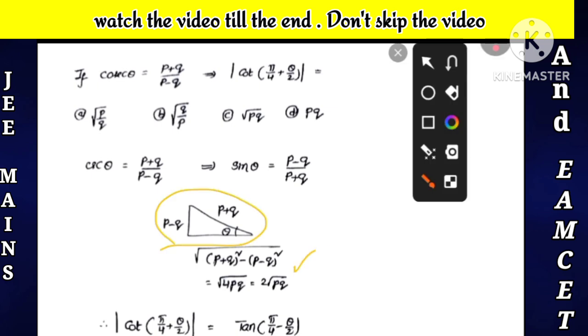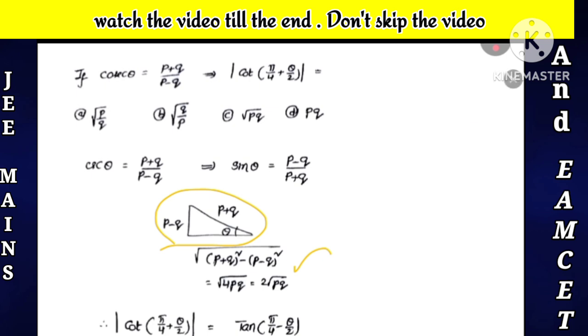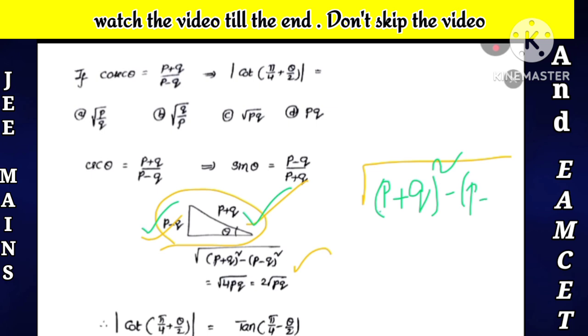Now I am finding the adjacent side value. What is the adjacent formula? Adjacent is equal to square root of hypotenuse square minus side square. That is (p plus q) whole square, as hypotenuse is equal to p plus q here, minus side square, which is (p minus q) whole square.